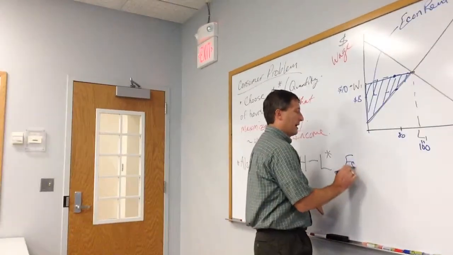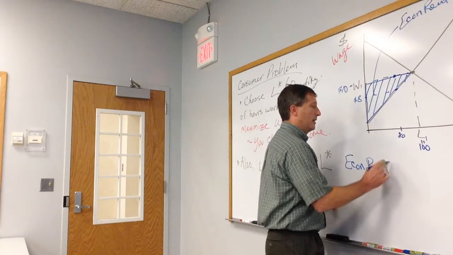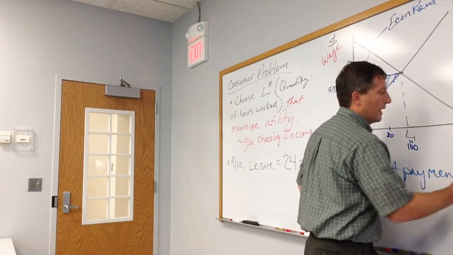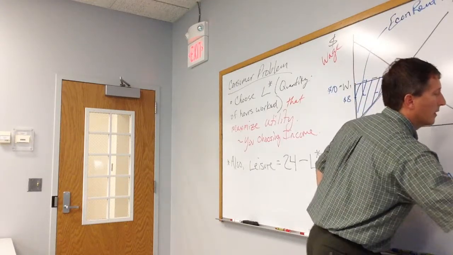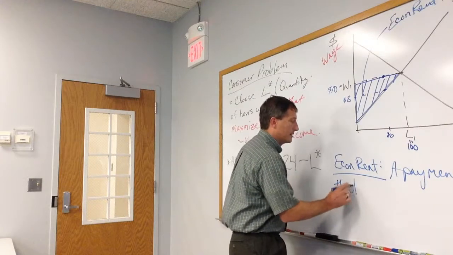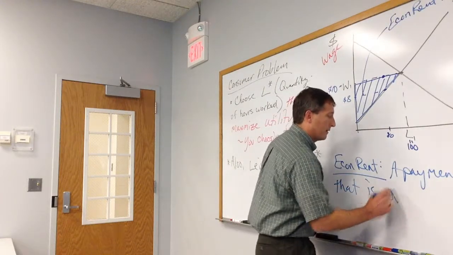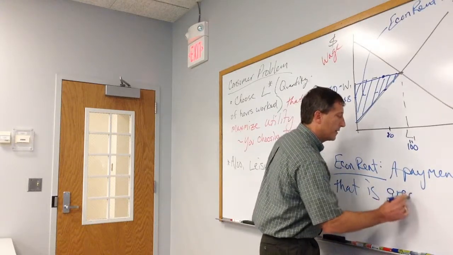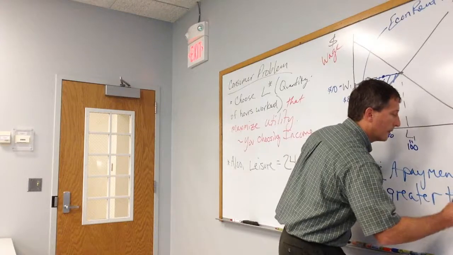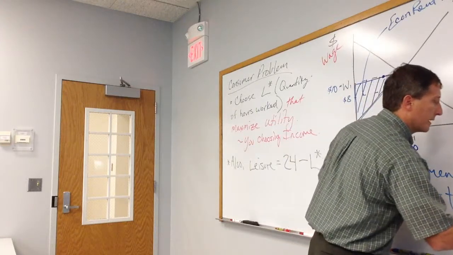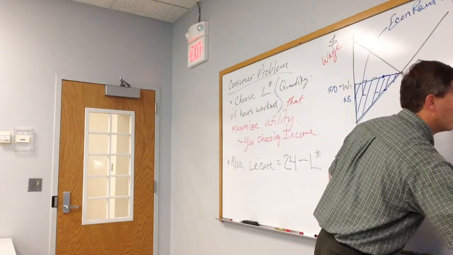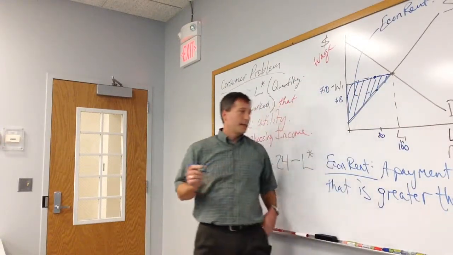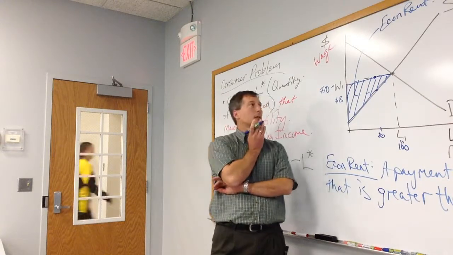So economic rent is a payment to a resource that is greater than its opportunity cost. So it's a surplus, a payment to a resource that is greater than its opportunity cost.